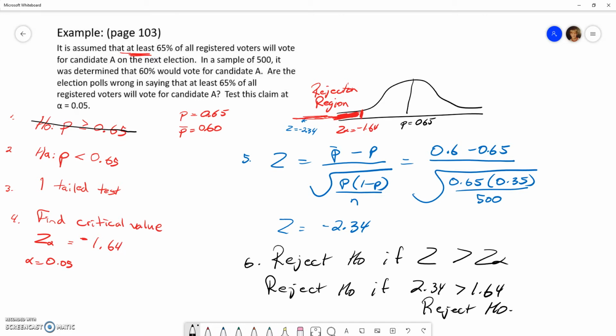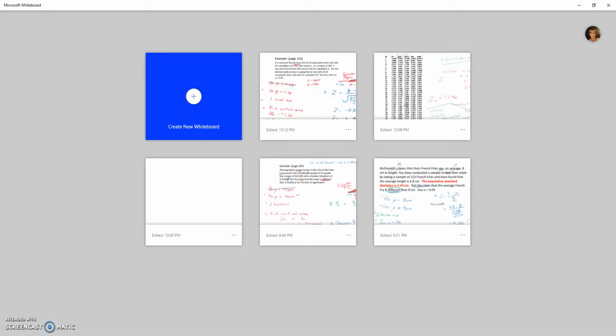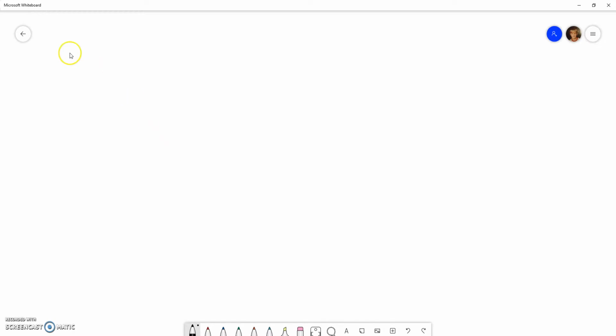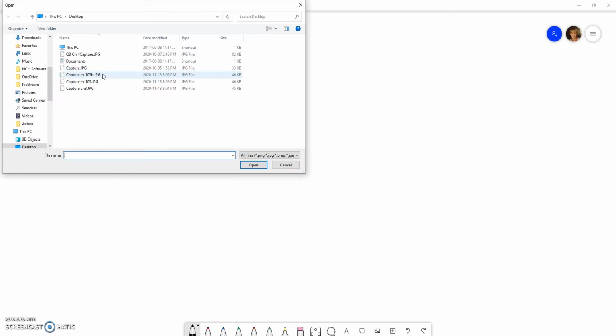So before we go on to the next section, I'm going to change this question up a little bit. Let's work on this sheet here. Let's bring in that question again.